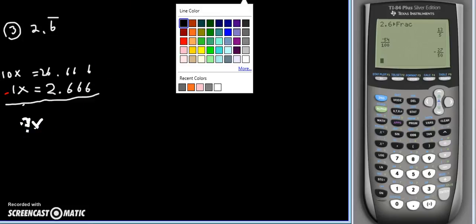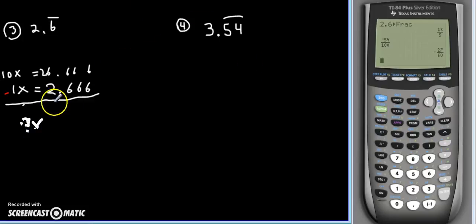Now this is 26 minus 2, which is 24. All these 6's are going to cancel out and be 0. So x is equal to, we now divide both sides by 9, and x is equal to 24/9.